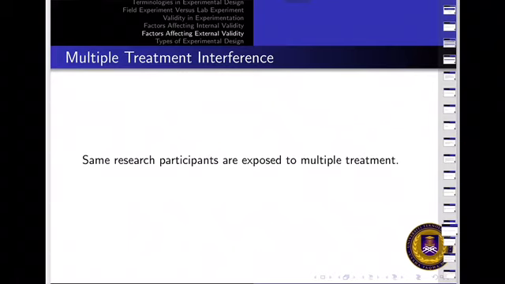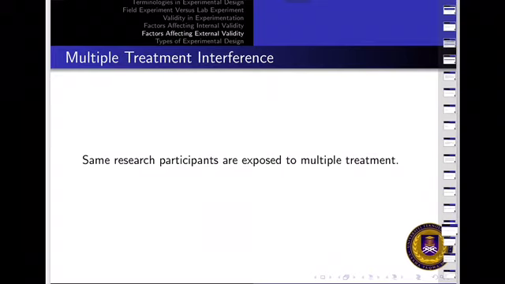Masa dekat dalam under lab experiment, kita ada considered the other factors. But during the under natural setting, mungkin dia ada pakai, katakanlah under lab setting, dia ada satu treatment sahaja.